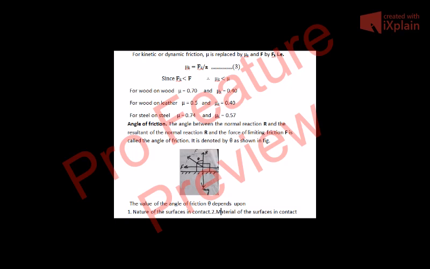Now, angle of friction. As you can see from the figure, we see the angle theta, and it is an angle between the normal reaction R and the resultant of F and R, the resultant vector of normal reaction R and force of limiting friction F. So if you are asked to define angle of friction, it is the angle between the normal reaction R and the resultant of the normal reaction R and the force of limiting friction F. The arrowed line between F and R is the resultant of F and R. This angle of friction is denoted by theta.